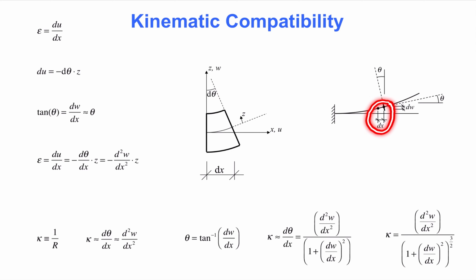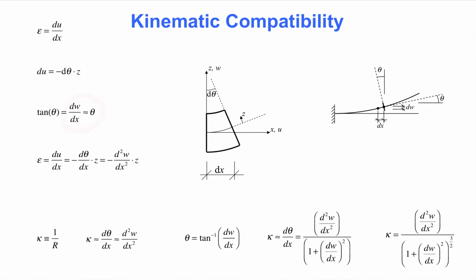A line through those points identifies the rotation of the beam at that location. The relative displacement is dw, which is positive upwards. Because we say that counterclockwise rotation is positive, we find that theta is dw over dx. In other words, the rotation is the derivative of the displacement.